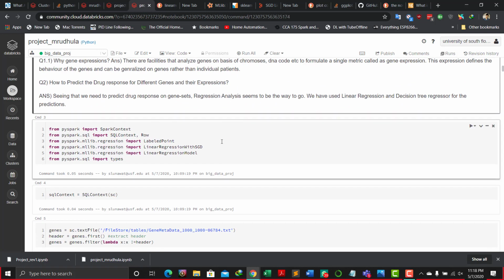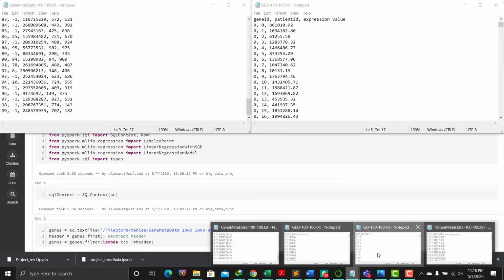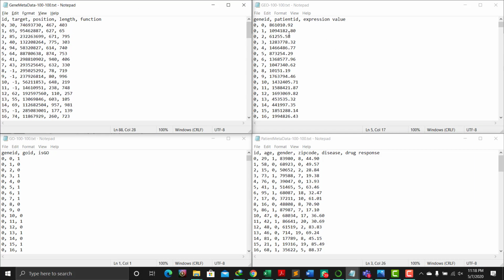So let me acquaint you with the data. We are working on basically four data sets. I'll open them up. We have the gene metadata, the gene expression omnibus, the gene ontology, and the patient metadata.